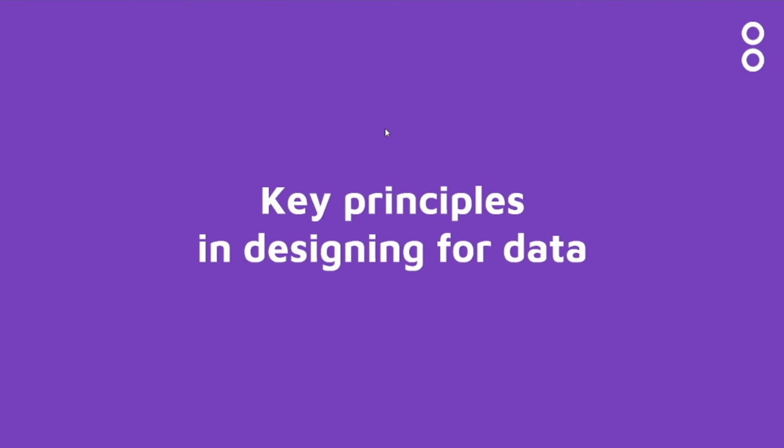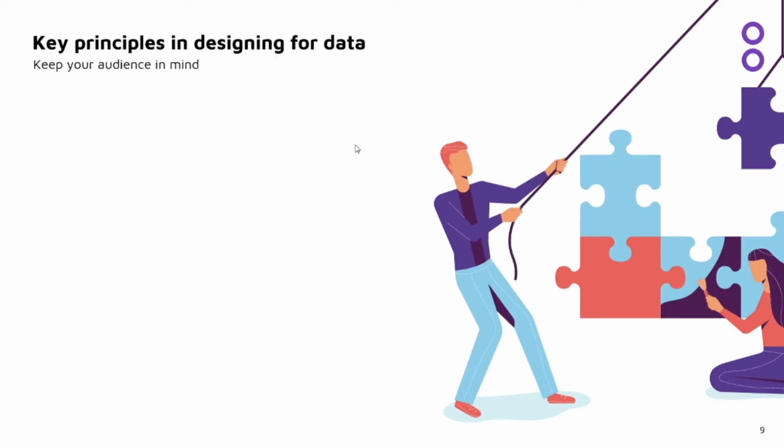So now, key principles in designing for data. First of all, in most of the projects, people tend to focus on the data first, how to connect the data, how to access the data. Not so much on the perspective of the audience, which I believe should go in the first place.